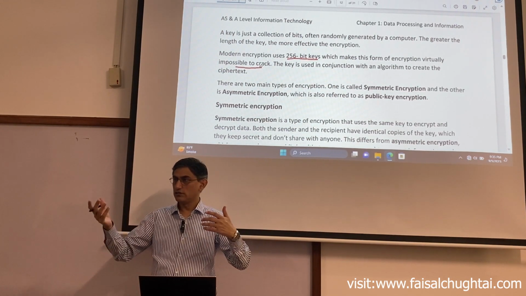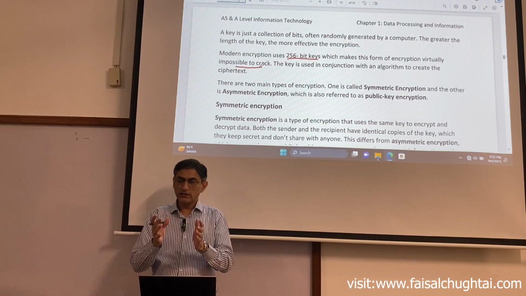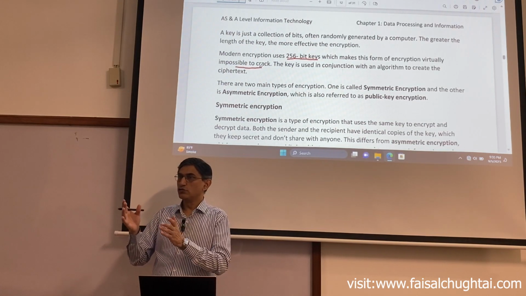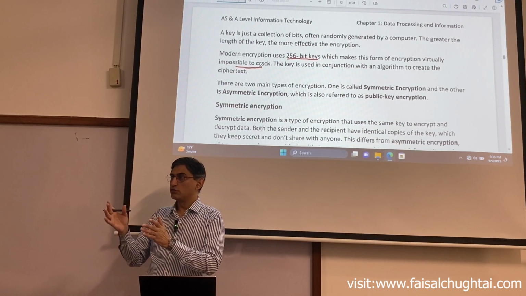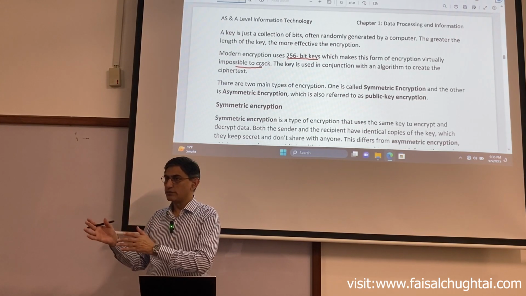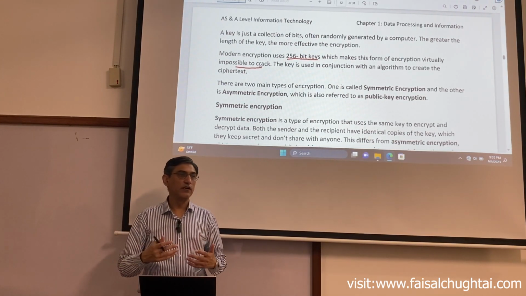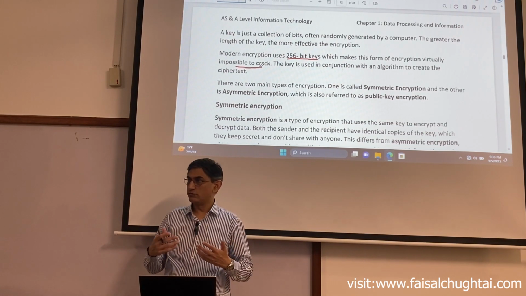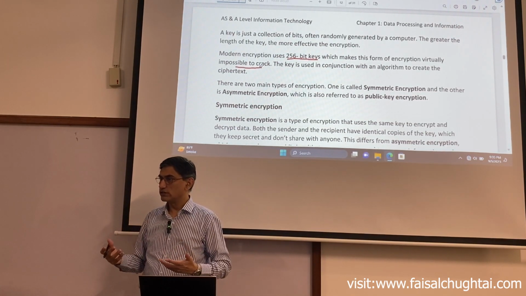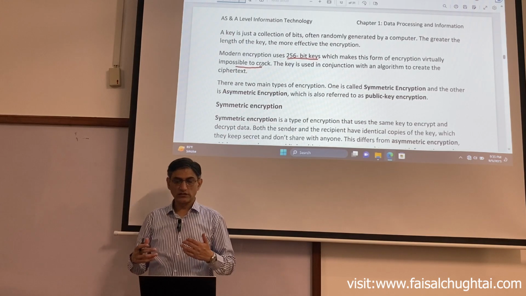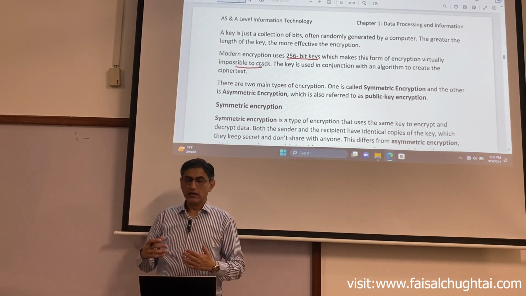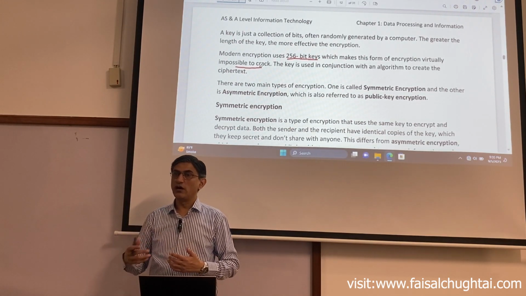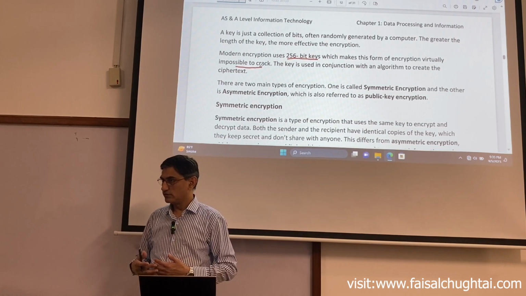It is a lot. Hence, the greater the number of bits being used to encrypt or to represent encrypted data, the more difficult it would be to guess or to crack what it is. And by the way, this 256-bit encryption is an upgrade on 128-bit encryption.